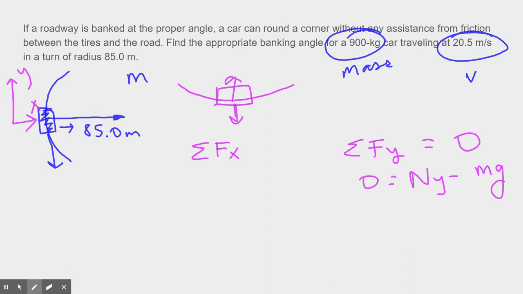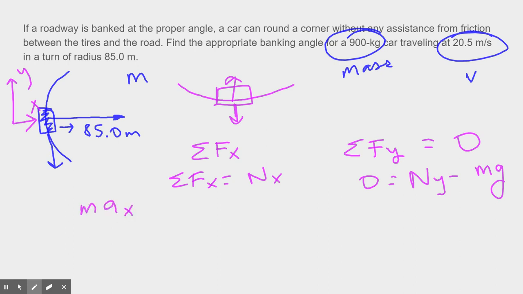For the x direction, we don't have a weight component in the x direction. We just have the normal force. So the sum in the x direction is just going to be a result of the normal force. Let's go ahead and substitute where we can.